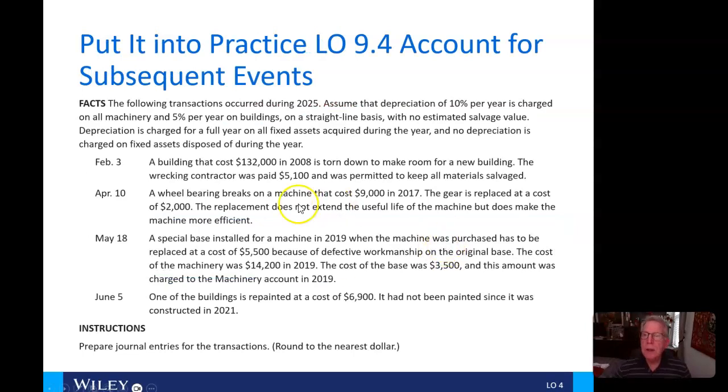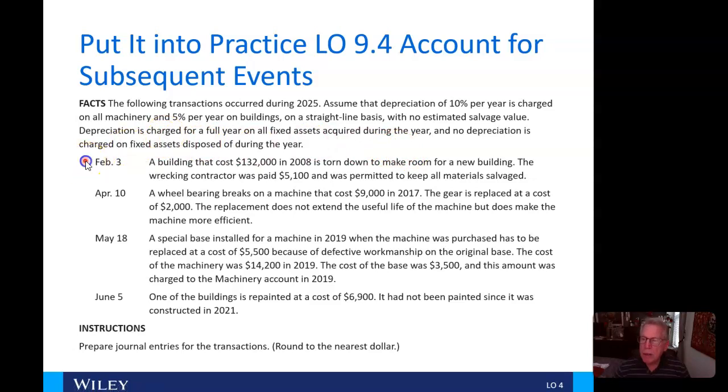All right. The following transactions occurred during 2025. We're going to assume depreciation of 10% per year is charged on all machinery and 5% per year on buildings on a straight line basis with no estimated salvage value. Depreciation is charged for a full year on all fixed assets acquired during the year, and no depreciation is charged on fixed assets disposed of during the year.